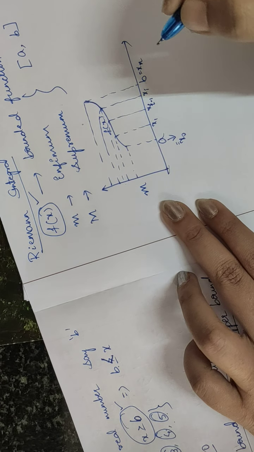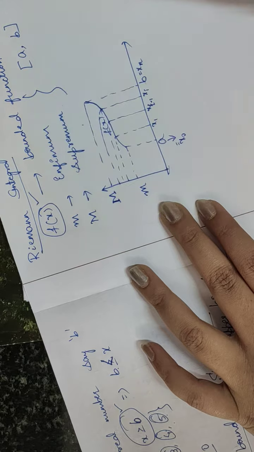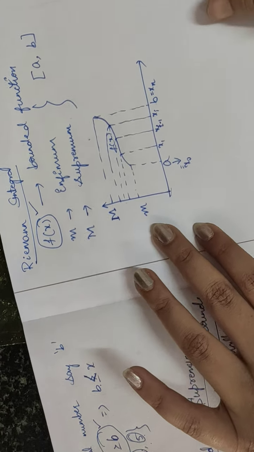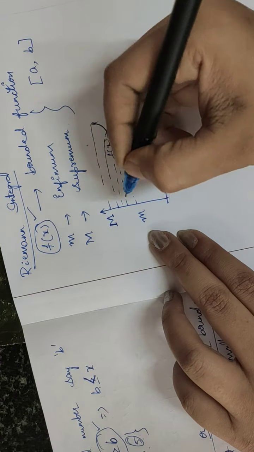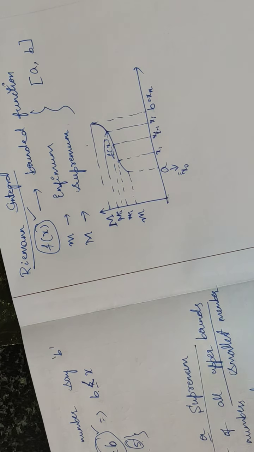This is my infimum m and this is my supremum M. In between we have points like m i and capital M i. I can denote it in this way.